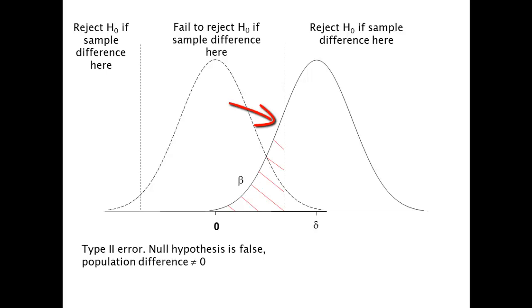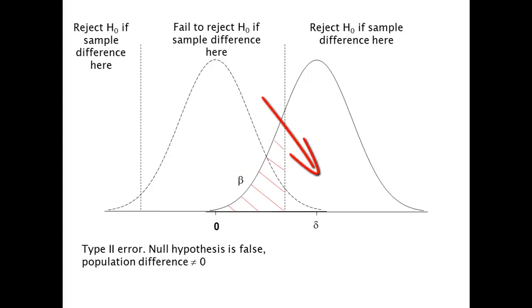But you can see that sometimes when there is a true difference, just due to sampling variation, the observed difference will fall within the fail to reject region of the null distribution, in which case a type 2 error is made, and that's captured here. So the power of the study then is captured by this region here.